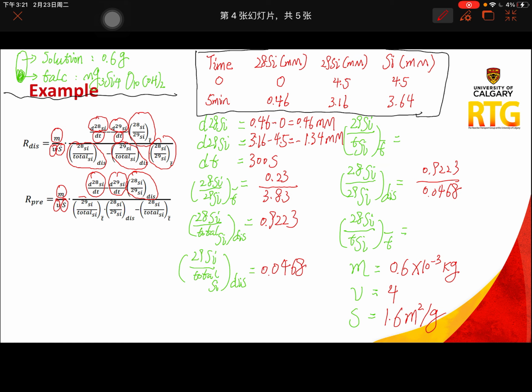The fraction of 29 in the solution at the middle term should be 3.83 over the total silica at the middle term, which is 4.07.